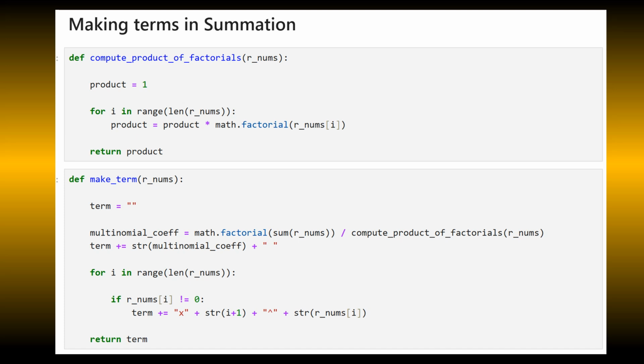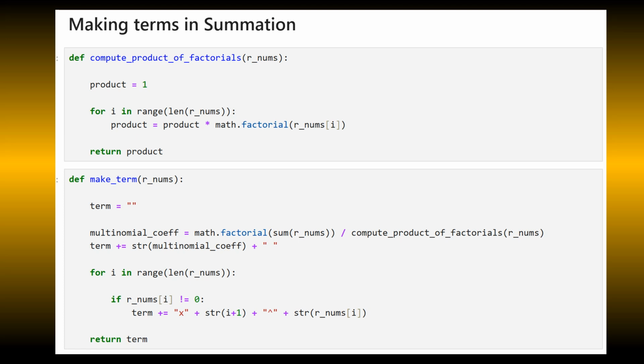All right, so now we're going to make the terms in the summation. And we'll need something that could compute the product of factorials, because the multinomial coefficient consists of n factorial over k1 factorial times k2 factorial all the way to times kr factorial. So we have a function here that will do that.